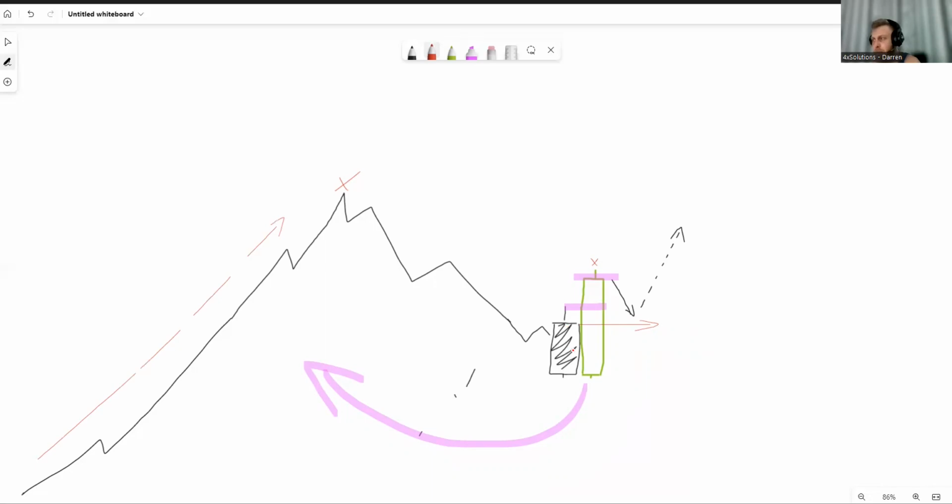But what they don't tell you when you're looking through the glasses of an ICT trader is what is going on here in terms of this swing high and this swing low. Because the only way you're going to know if this is a valid order block is by determining when this occurred. Was this actually just manipulation?